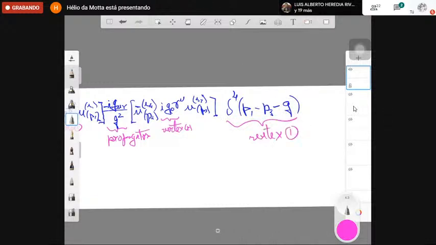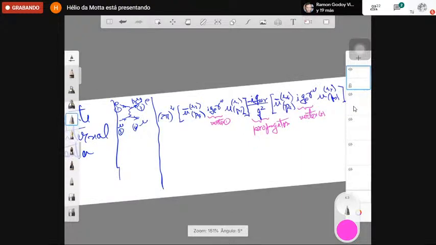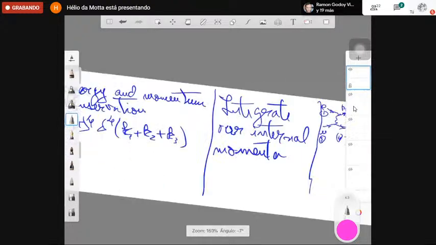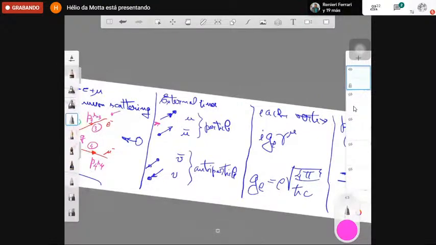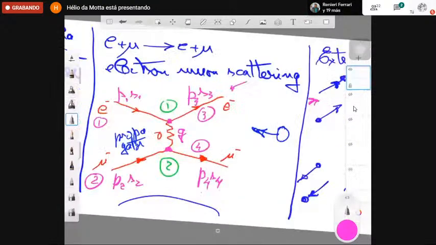Okay, if you go here to vertex 1, you have P1 getting into the vertex, and leaving you have P3 and Q. For conservation of momentum and energy, P1 must be equal to P3 plus Q, meaning P1 minus P3 minus Q equals 0. The ones that arrive into the vertex are positive, the ones leaving the vertex are negative. So P1 minus P3 minus Q. And of course, we have the same for vertex number 2.